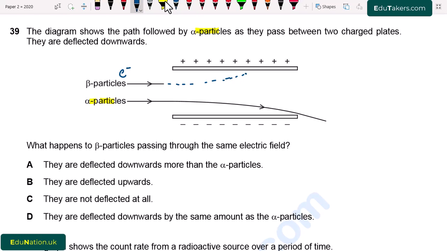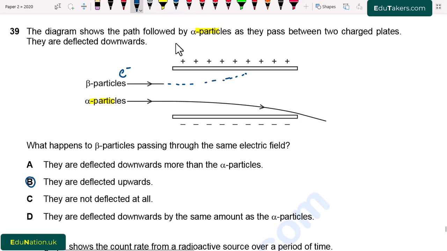Option A is they are deflected downward more than alpha particles. Option B is they are deflected upward. So option B is correct because the upward plate is positive, due to which the beta particles are deflected towards the positive plate. Option C is that they are not deflected at all.